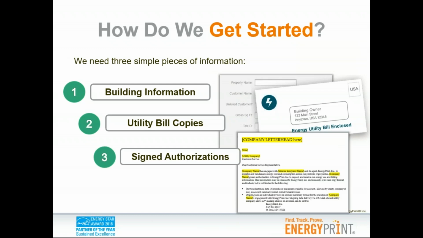Third, we need permission to request that information from the utility companies, and we get that by having signed authorization. We'll provide you with a template for signed authorization, and we'll also let you know if your utility company requires a specific form. If at any time you question what form to use, please reach out to your CRM.